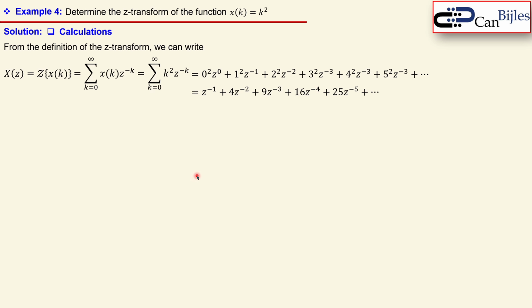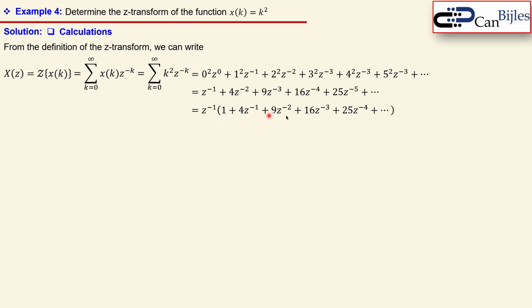So how do we put this in a fraction, in something we understand more clearly? We can take the z to the power minus 1 out of this complete series, so everything goes up by 1. So we have z to the power minus 1, z to the power minus 2, etc. And then we can still do something.